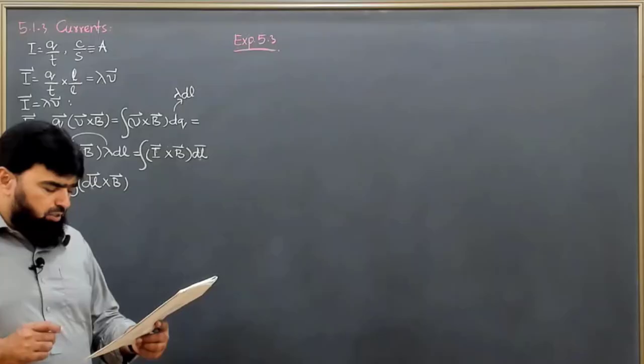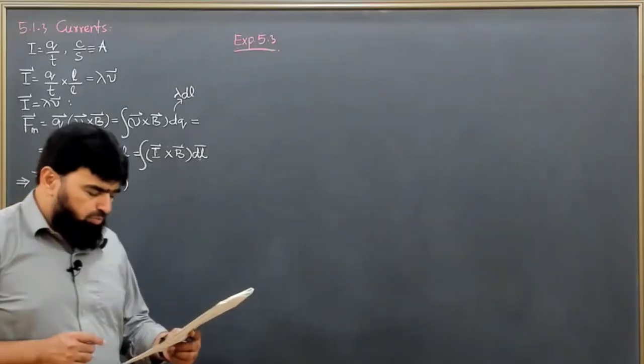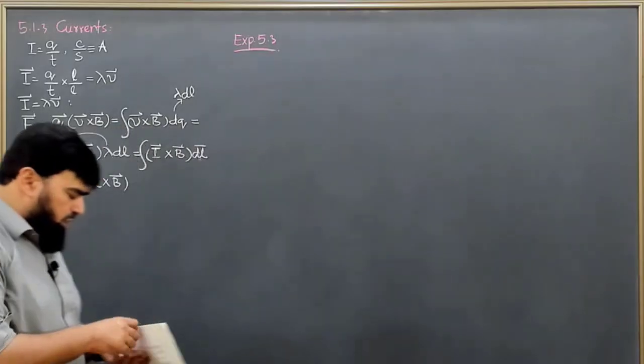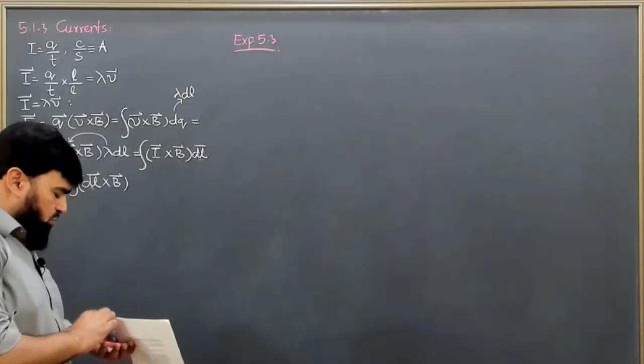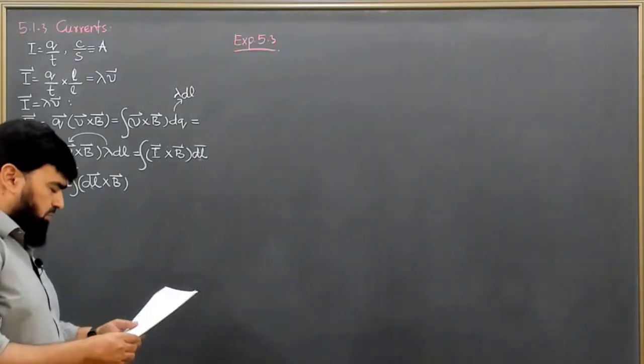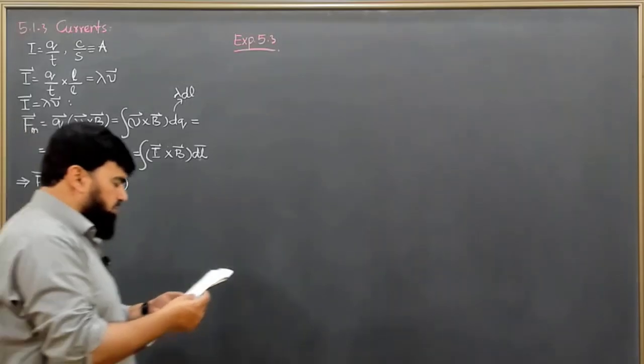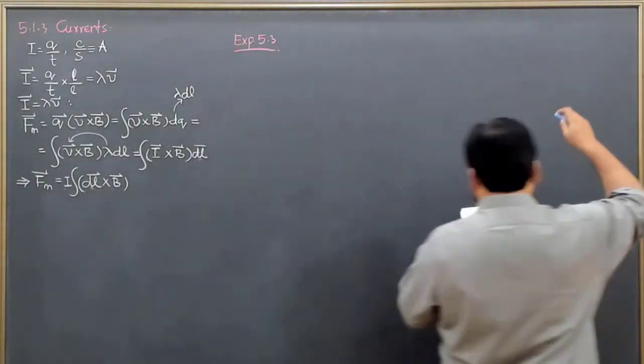For what current I in the loop would the magnetic force upward exactly balance the gravitational force downward? So let me first explain the geometry of the problem.